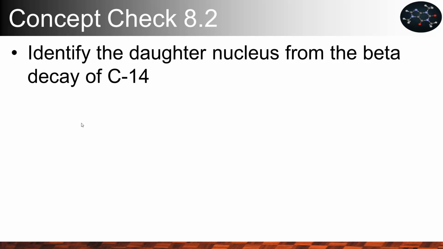Okay, so if we have carbon-14, the 14 here means that it's the atomic mass number of 14, and the carbon on the periodic table is listed as atomic number 6, so we know it has 6 protons. We write out the electron that we know is going to be the beta decay particle.